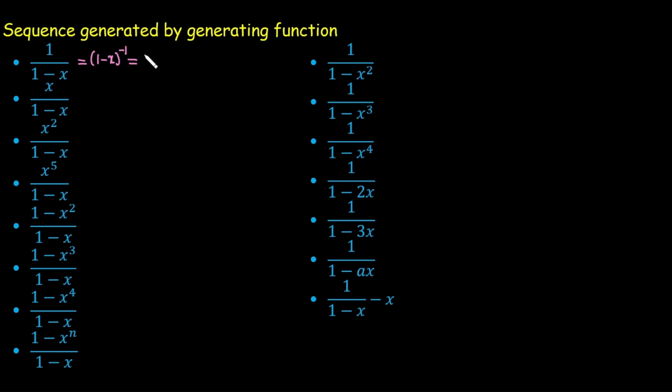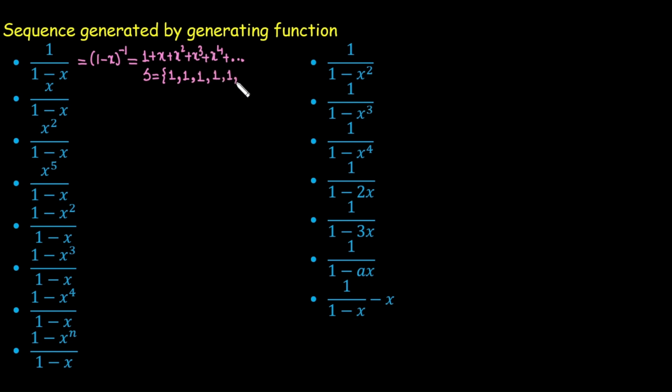This expansion is equal to 1 plus x plus x square plus x cube plus x raised to power 4, and continue this. Now, from here we can find the sequence: first collect the constant term. The constant term in this case is 1. What is the coefficient of x? That will be the next term of the sequence. The coefficient of x is 1, the coefficient of x square is 1, the coefficient of x cube is again 1.